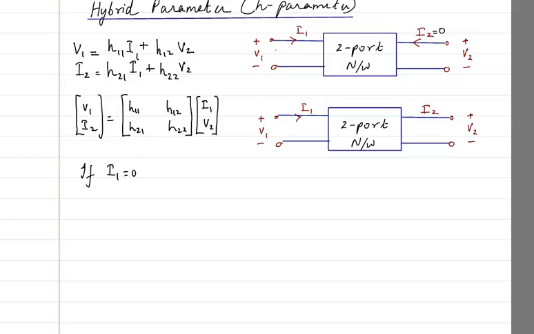So now if I put I1 equal to 0, it means I am saying that this is open circuit and I am having the voltage source here, plus minus V2.